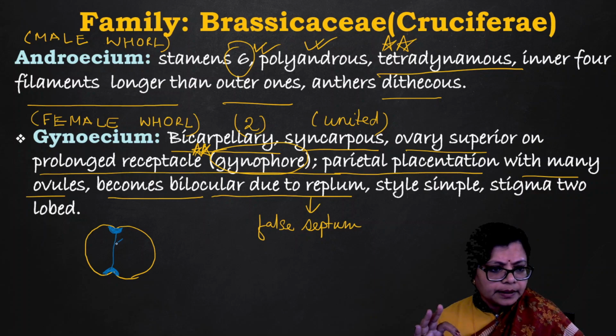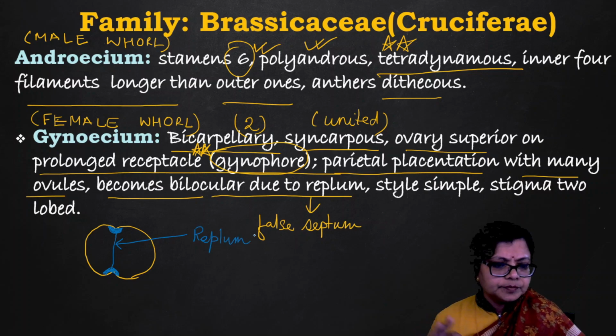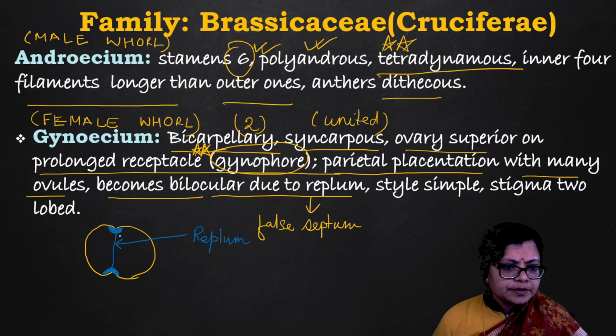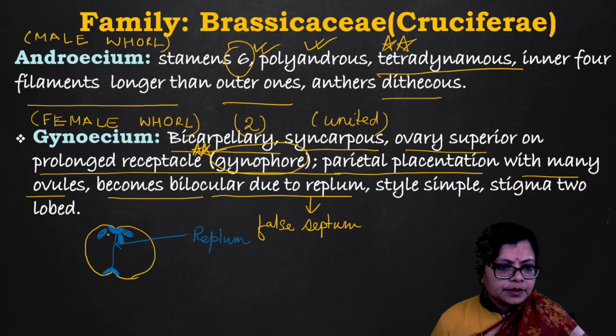That's why the name is given, what I told, replum. And parietal placentation means the ovules develop here, many ovules towards the periphery.